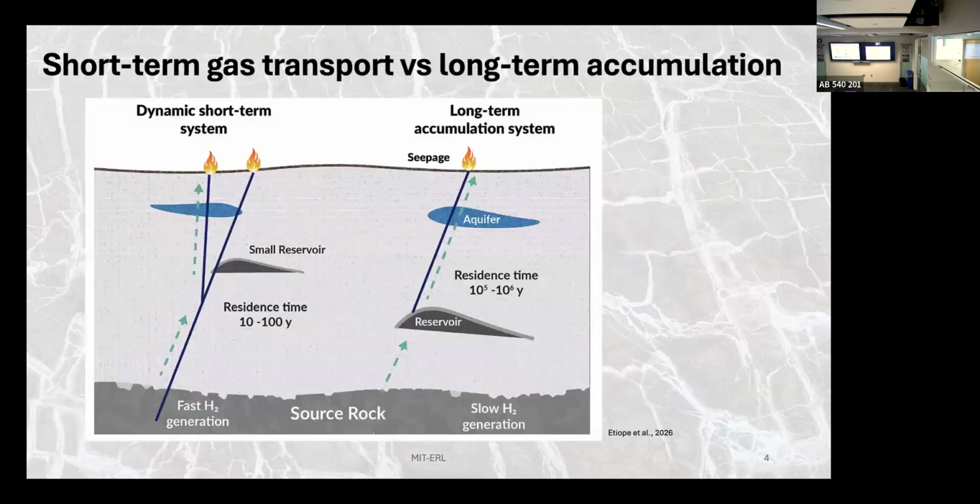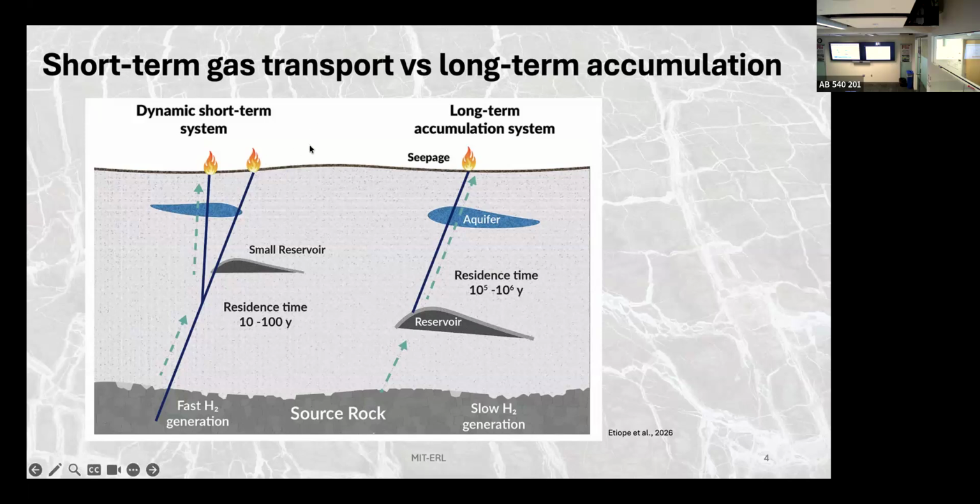So let's first look at what we know about the gas systems in peridotite formations. There is limited knowledge about these natural hydrogen systems, and there are two theories about how gas transport and storage in these systems work.